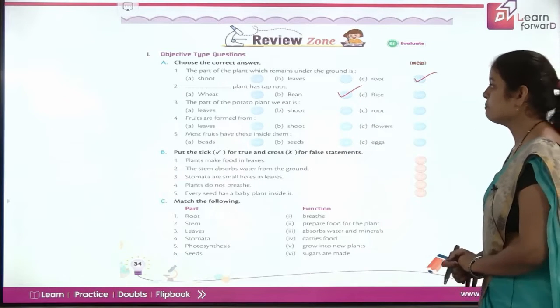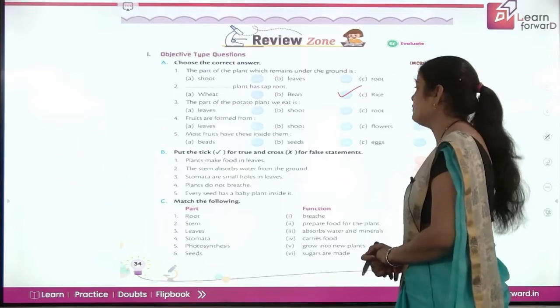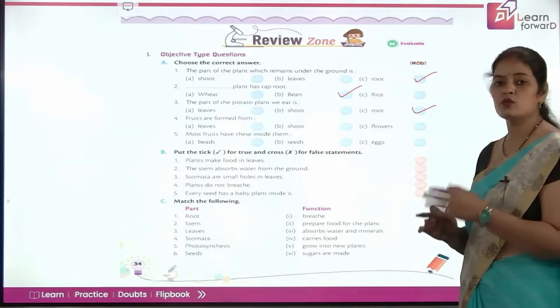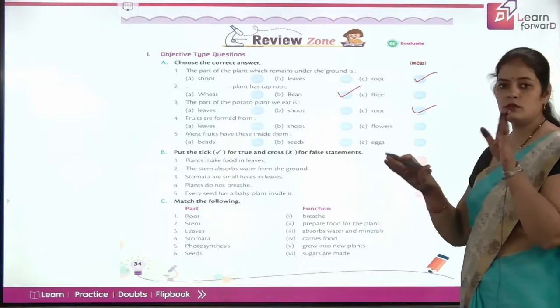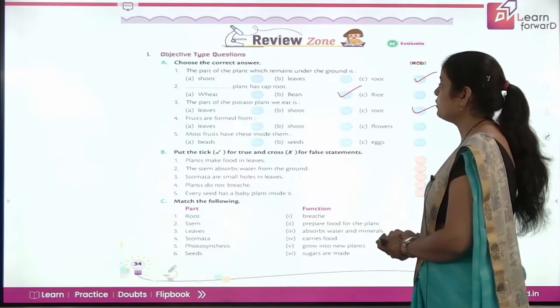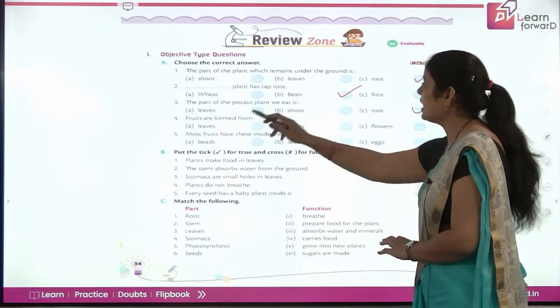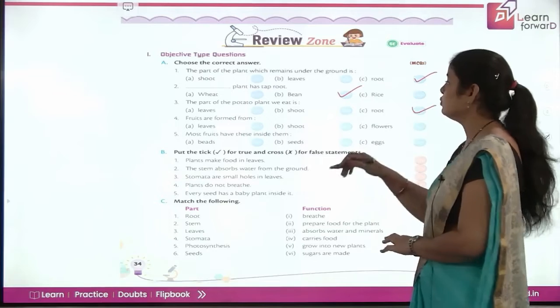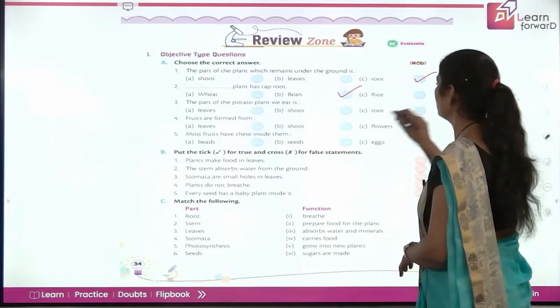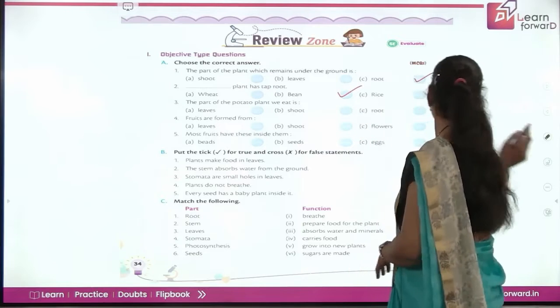The part of potato plant we eat is leaf, shoot or root. So just now I have told you that potato, ginger, sweet potatoes, these are the stem part of the plant, not the root. Okay. So the part of the potato plant we eat is the root part. Sorry, this is not root. I have just told you that it is a shoot part.